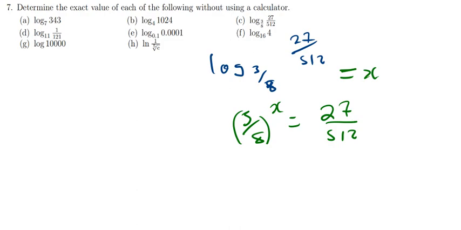What do we do next to make things simple and straightforward? Do you guys know that 1 divided by 2 is the same as 2 to the power negative 1?